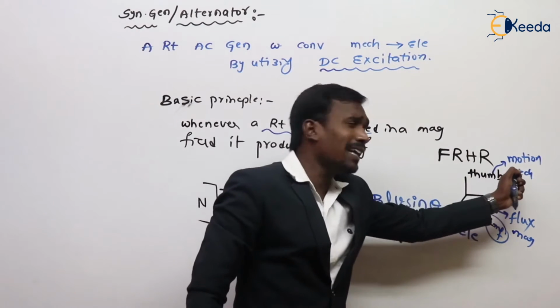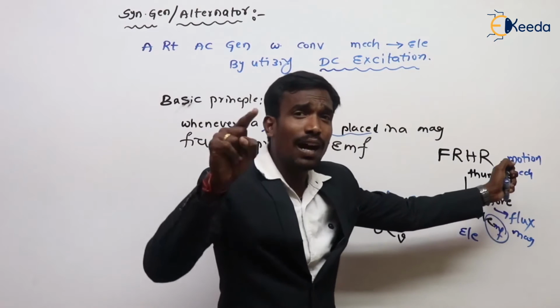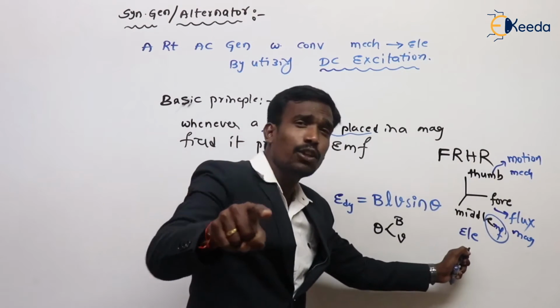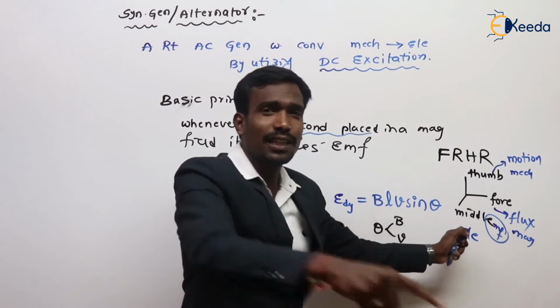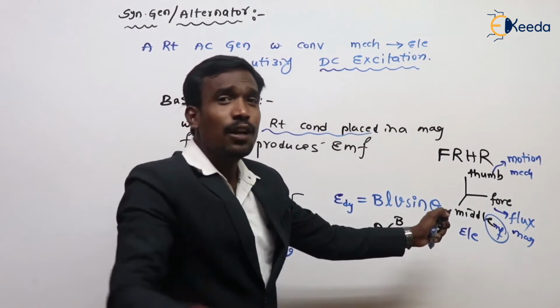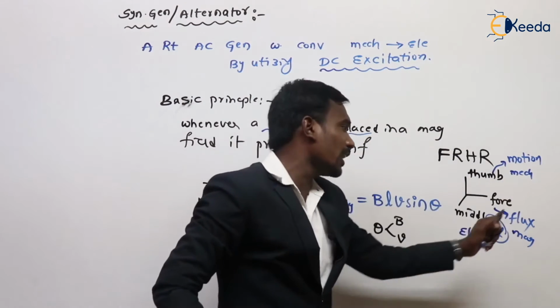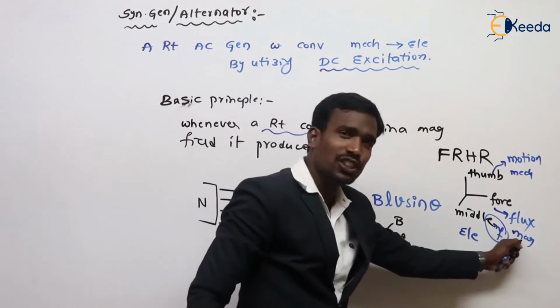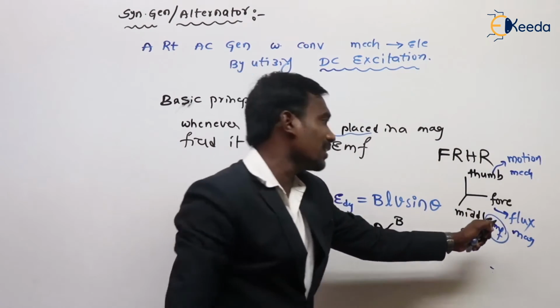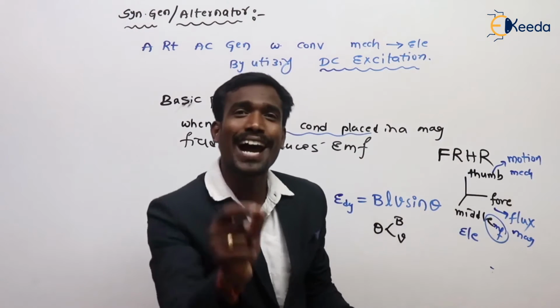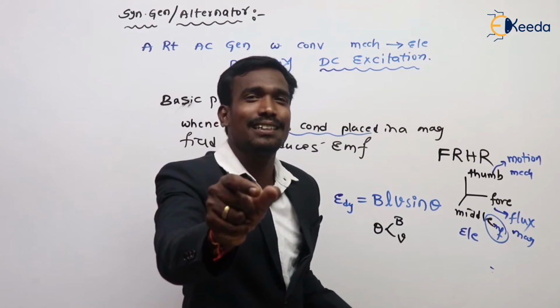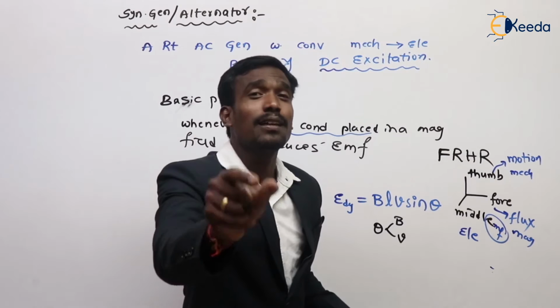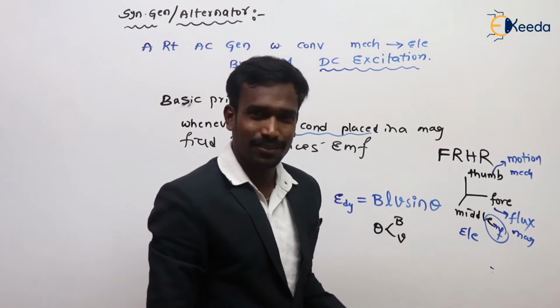When we give mechanical energy to the alternator, it gives you electrical energy. That's why it is called a generator, which converts mechanical energy into electrical energy by utilizing the DC excitation. The DC excitation is nothing but the magnetic field. We give the magnetic field by the field winding, by the DC supply.